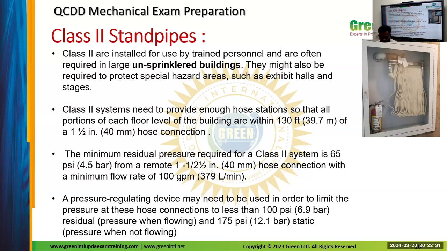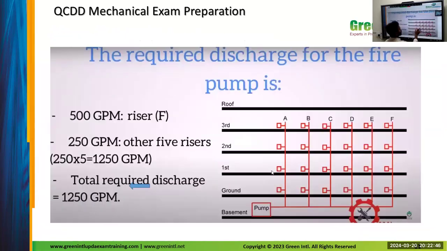Class one, nearly 1 bar, 100 psi. Yes, the most remote here, I'll show you. This is the most remote sprinkler.